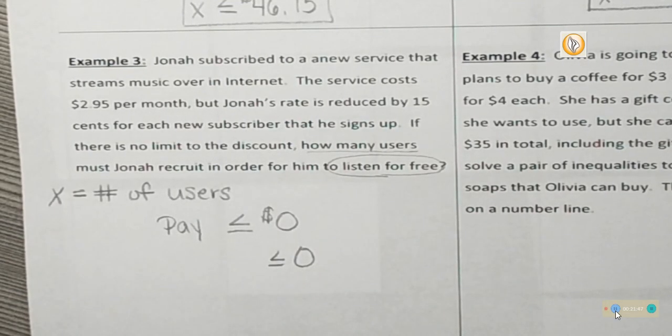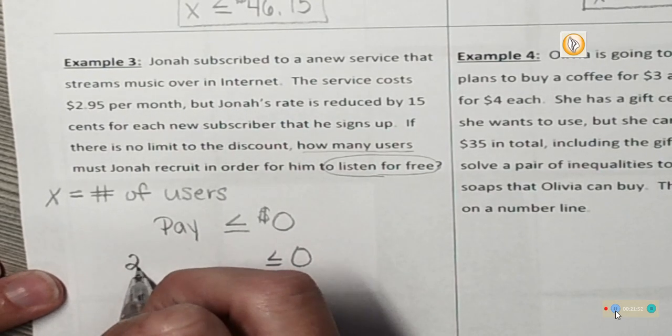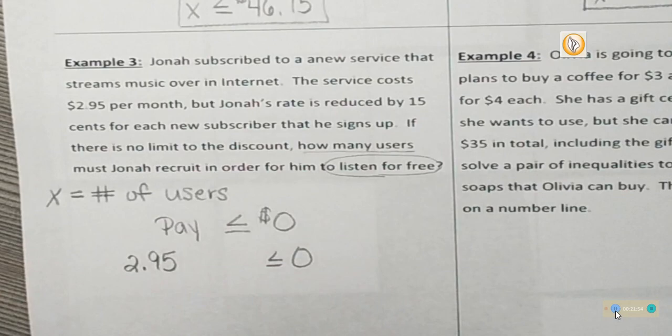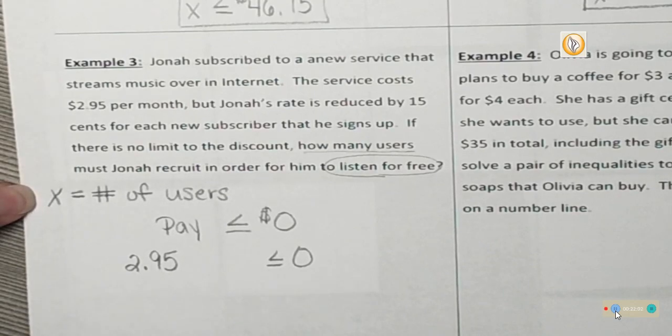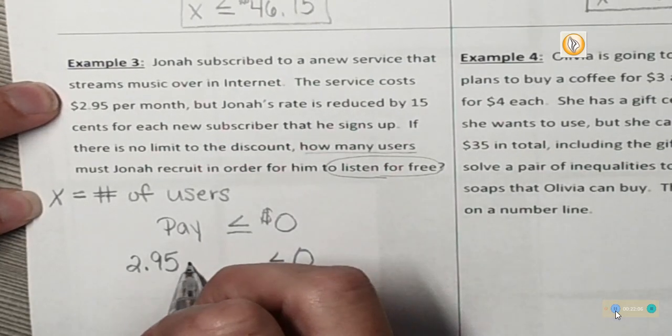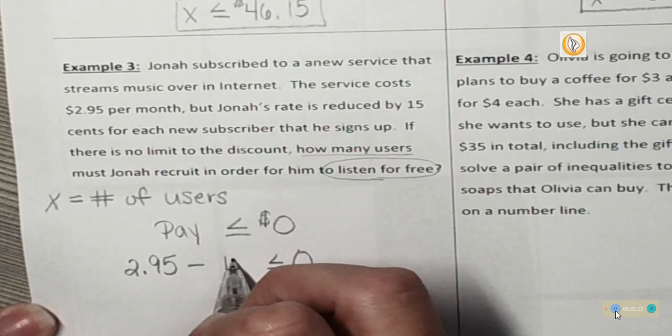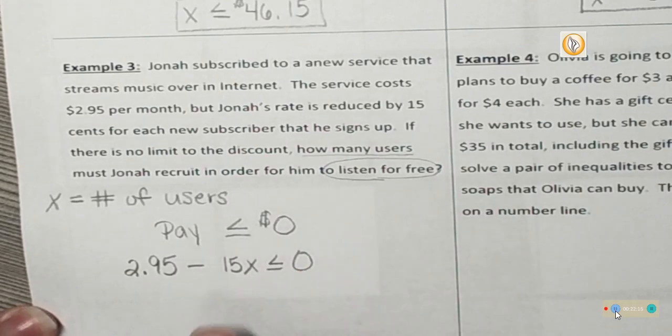What does Jonah start out paying? $2.95 for the month. But then he's reduced by 15 cents for every new user. Now, if I reduce, am I going to add, subtract, multiply, or divide? I'm going to subtract. Now, watch what I'm about to do, and what I'm about to do is wrong. There's going to be people that say 15x.